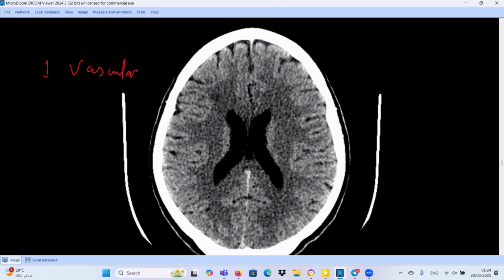So CADASIL is far away, maybe vasculitis, maybe a white matter disorder, maybe demyelinating.